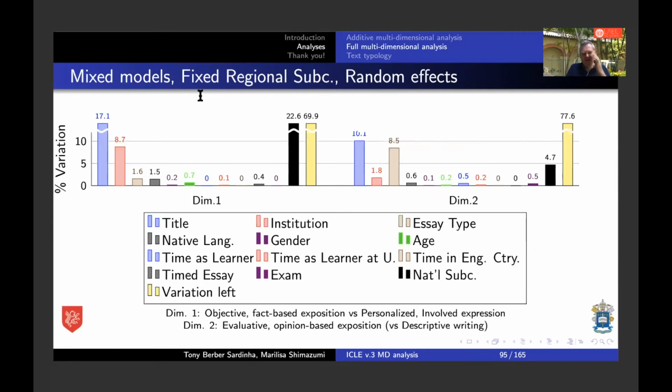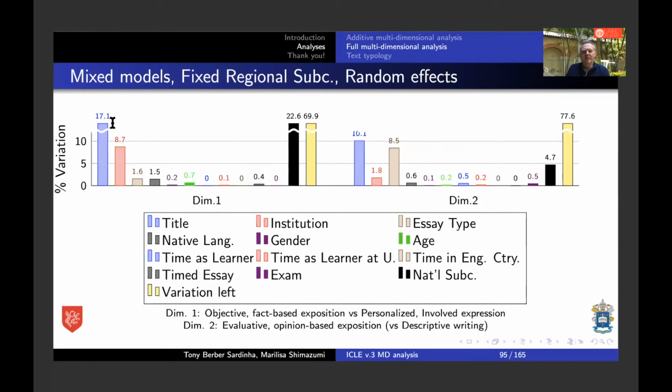All right, so we have all of these influences. We have the title of the topic of the composition, institution, essay type. Here it gets more interesting. For dimension one, remember dimension one is objective versus personalized.